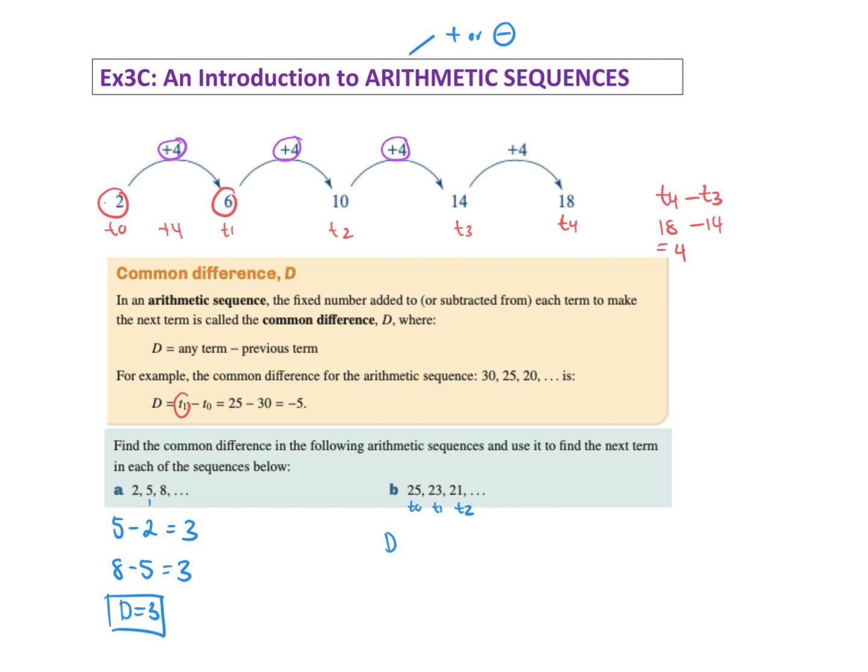We know we can find the common difference by taking a term and minusing the term before. So here we've got 23, and we're going to minus 25. So the common difference ends up being negative 2. Even though you can have the difference as a negative number, it still works. You still minus the term in front by the one before it.